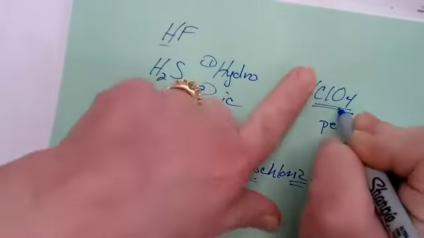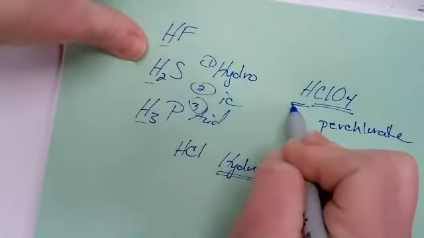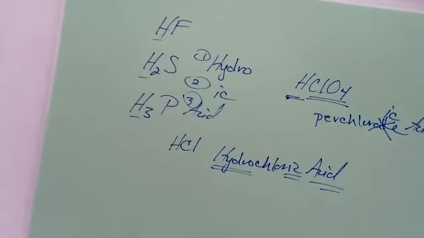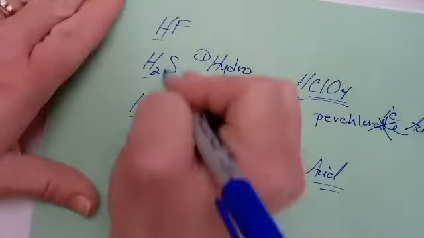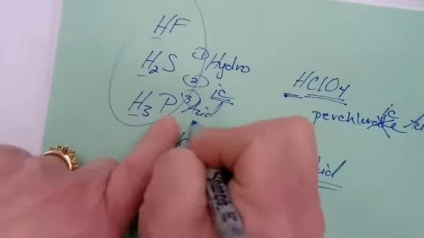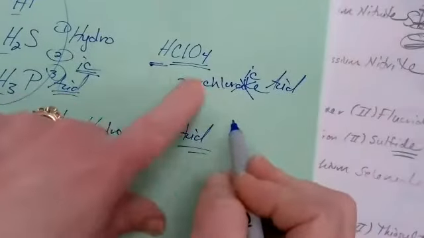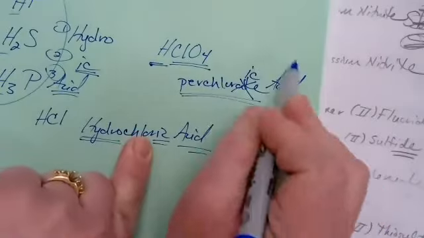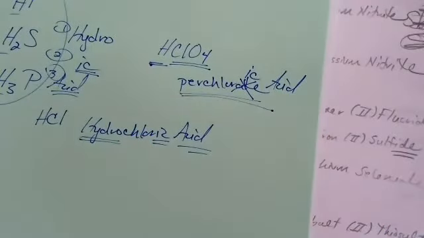But whenever it begins with a hydrogen, then we change ate to ic and add the word acid. So we only attach a prefix if it's a binary acid, the ending of ic, and then the word acid. If it's a polyatomic ion or an oxyacid with hydrogen, you just adjust the polyatomic ion ending name. Okay?